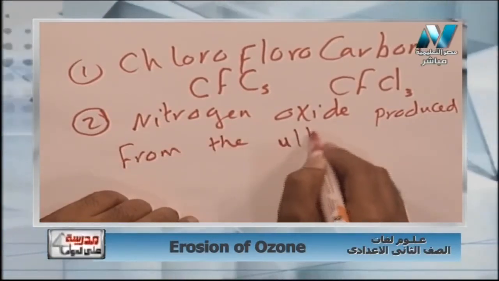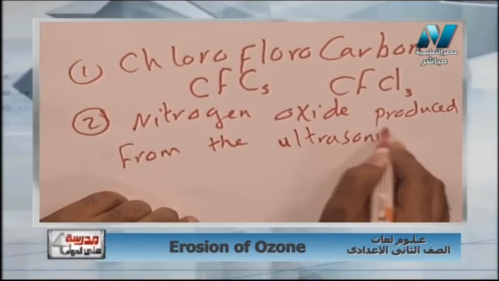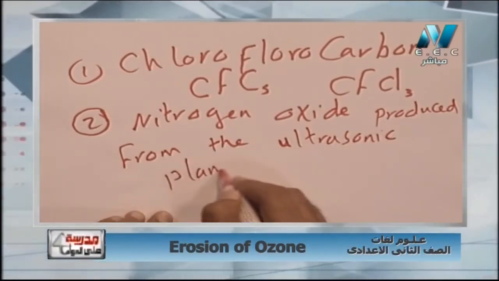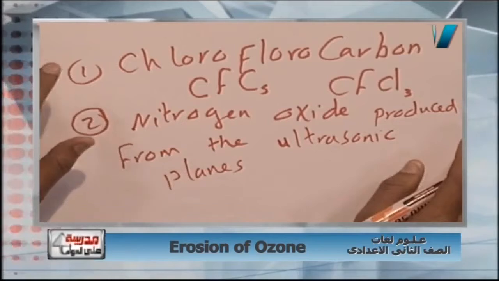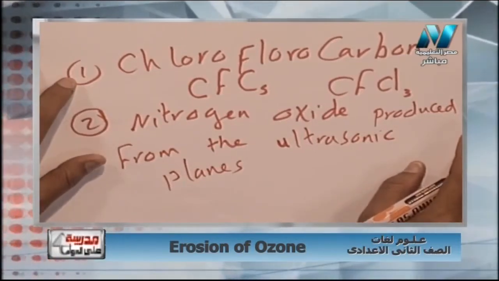What's the meaning of ultrasonic planes? They are planes whose speed is higher than the speed of sound. From their exhaust they produce nitrogen oxides that have a bad effect on what? On ozone. Number 1, chlorofluorocarbon, number 2, nitrogen oxide.